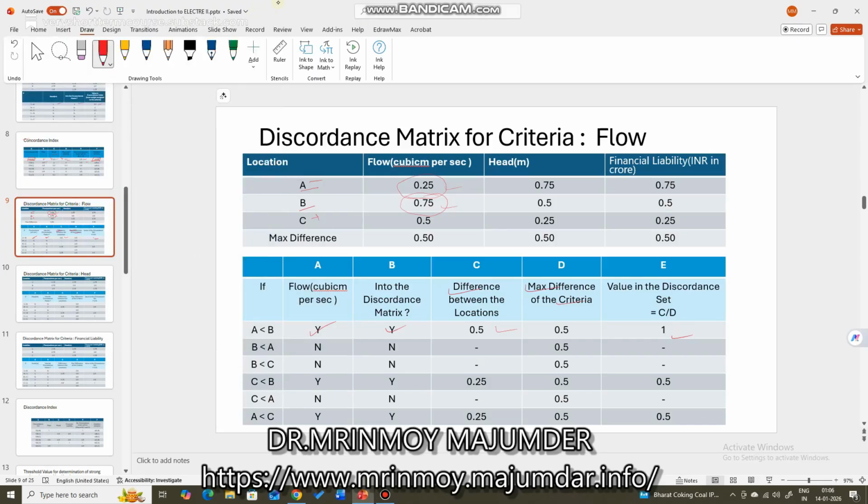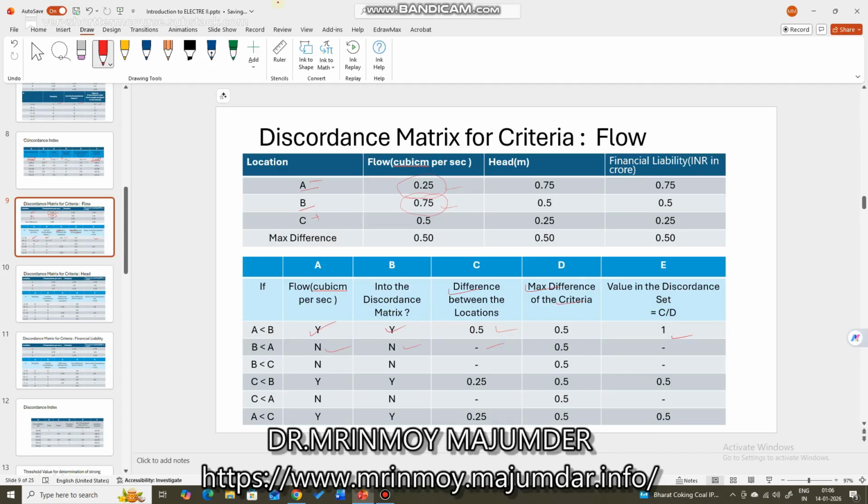Right? But when this condition, B less than A, doesn't hold true, then there is nothing to do. Here you see the second-order comparison: B is less than A? B is 0.75, A is 0.25. Cannot be. B is not at all less than A, so no. Nothing goes into the discordance matrix. The difference between the locations, no requirement to calculate.